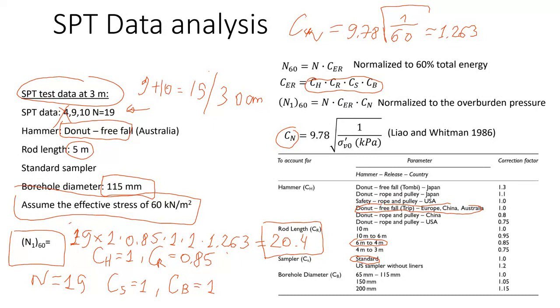But before we use that procedure, you need to know how we correlate this SPT data, 20.4. Later on next year, when you do the geotechnical engineering course, they will also teach you how to use SPT N data for the design of earth structures. But this is the fundamentals, the N numbers and how to correct them. So it's good if you know it right now. Do you have any questions?